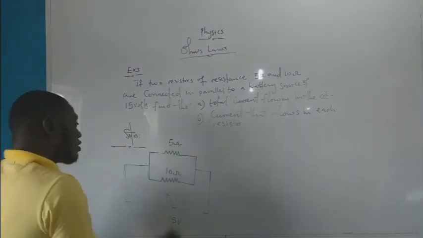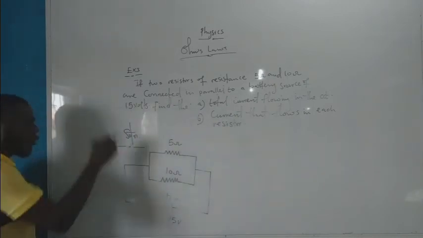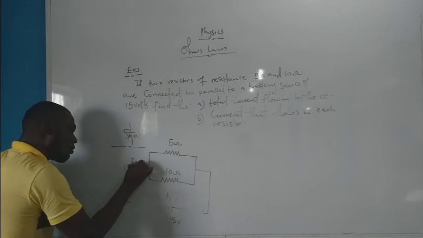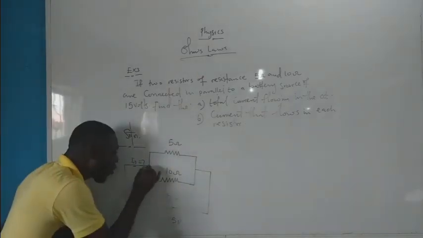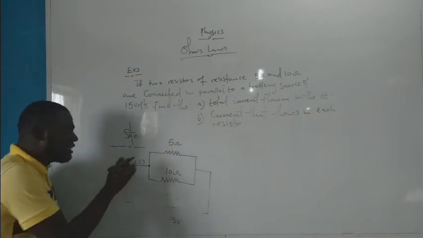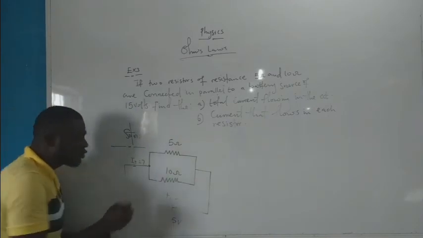Once there's a load and source, current will flow. That's the rule. There must be current, but the current is unknown. Since these are connected in parallel, there will be different currents due to this junction.